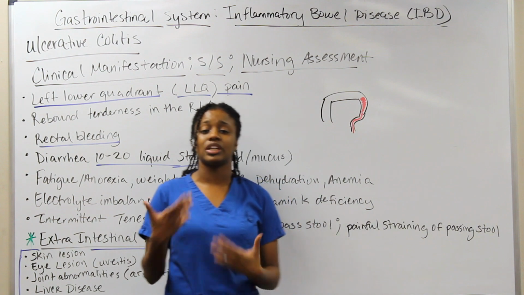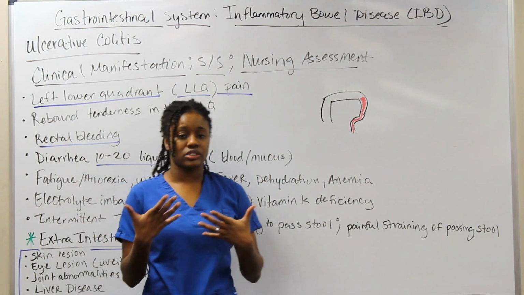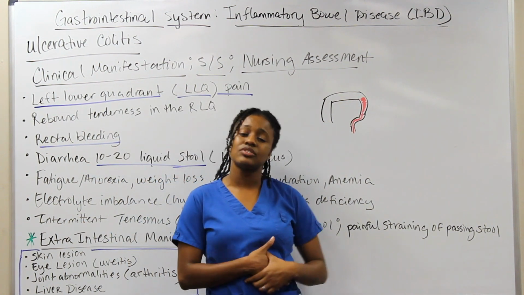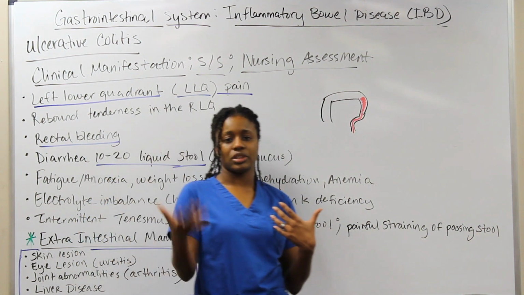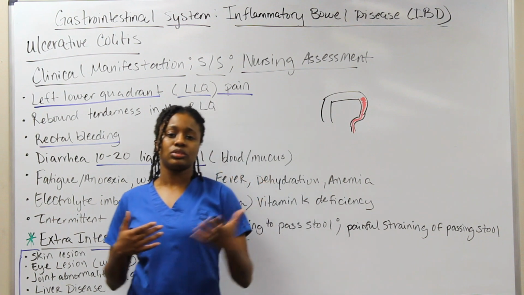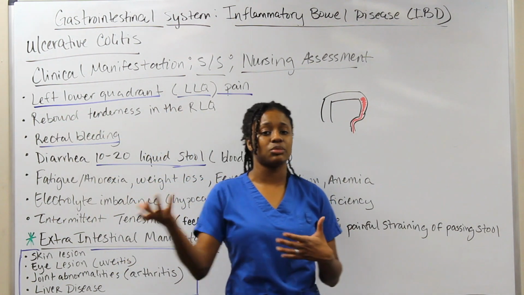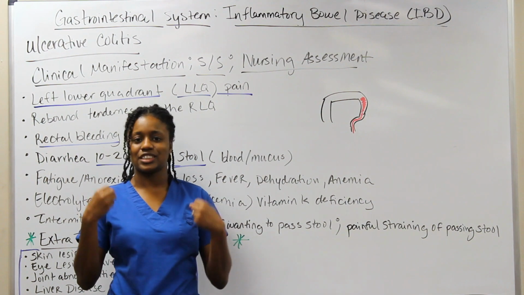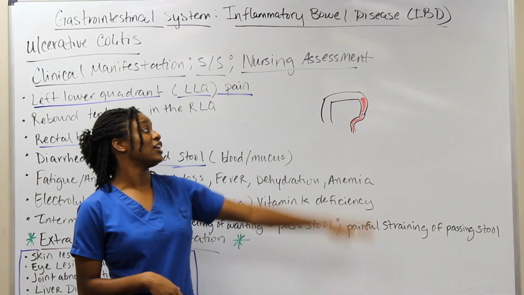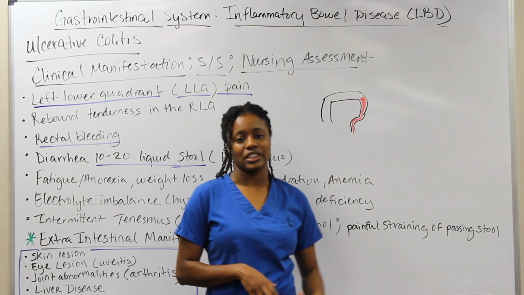And I keep stressing this because you may see questions on this where they say the patient has pain on the left side, it's an inflammatory disease, the patient exhibits rectal bleeding, whatever other signs and symptoms they may decide to put on there, right? And as long as you keep hearing it's the left side, it's the left side, that's my ulcerative colitis, all right?